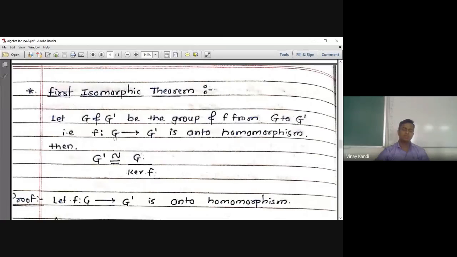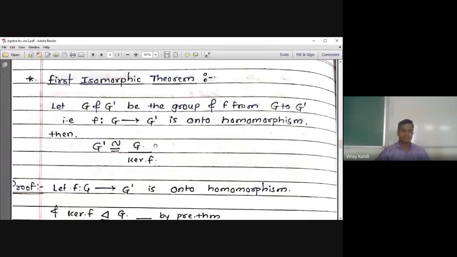Okay, subgroup of G. Kernel of F is nothing but the elements in G such that the mapping maps to the identity of G dash. असे एलिमेंट घ्यायचे. कर्नल ऑफ एफ म्हणजे असे एलिमेंट घ्यायचे ह्या जी मधून जे या जी डॅशच्या आयडेंटिटीला मॅप करायला पाहिजे. ओके, इथं आहे डेफिनेशन.